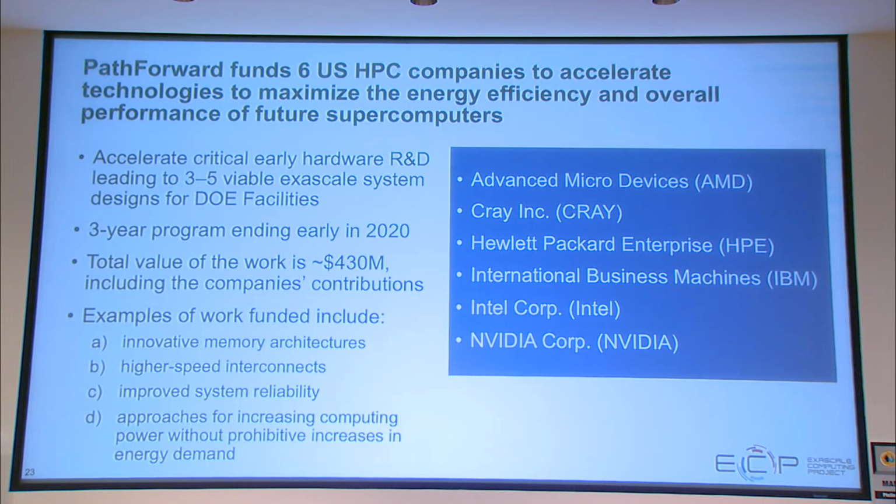It was a large project, a total investment of over $400 million, including the contributions from the companies, where they looked at novel memory architectures and high-speed interconnects and system reliability. Lots of different components that are necessary to make exascale computers successful.